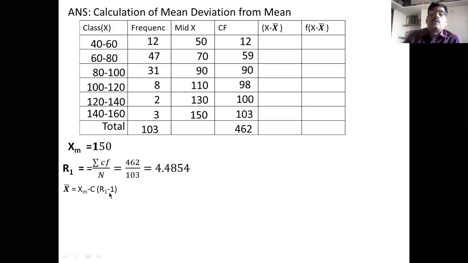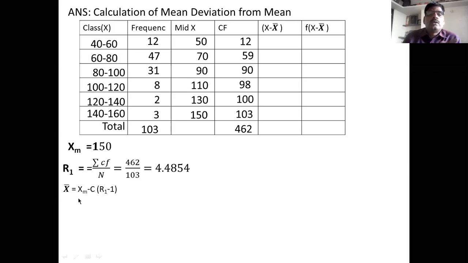Then next, X bar is equal to XM minus C into the bracket R1 minus 1. This is the mean equation. Okay, I told in the previous class how to calculate the mean, only 3 equations I told: ungrouped data, grouped data. This is the third equation.